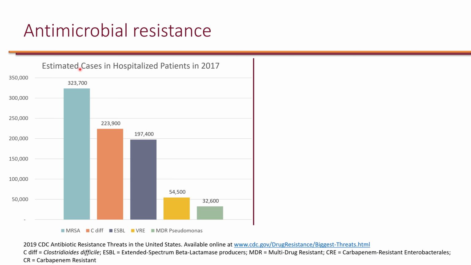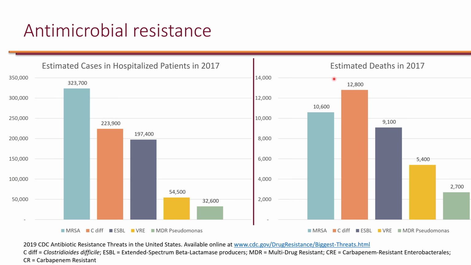So, estimated cases in hospitalized patients in 2017 was over 300,000 cases, whereas C. diff was about 223,000. ESBL is 197. So when you compare to other bad organisms, MRSA is more common.